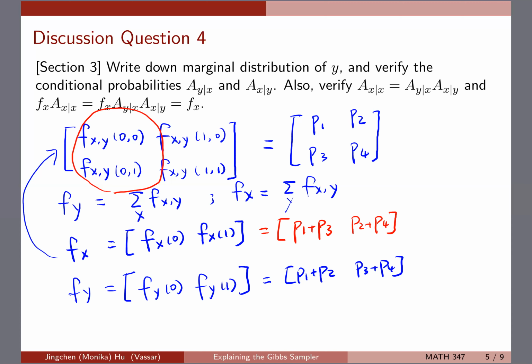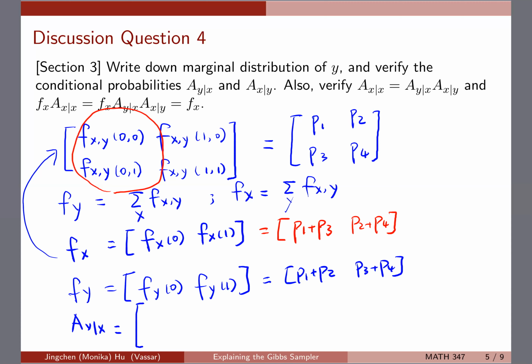And I want you to try, this is tedious but still worth doing, to verify the conditional probabilities, or the transitional matrix, of y given x. It's given in the paper, so let me write it for you.